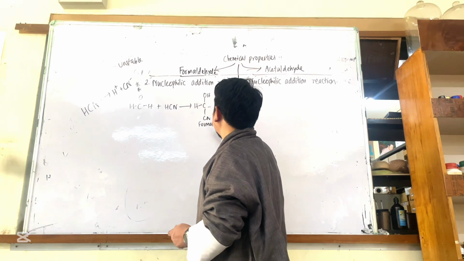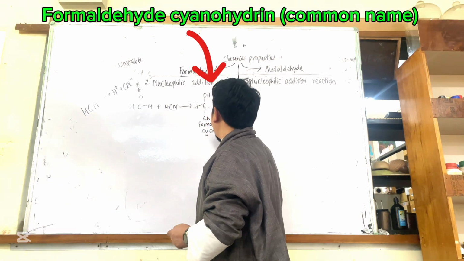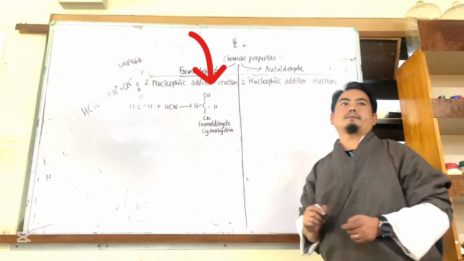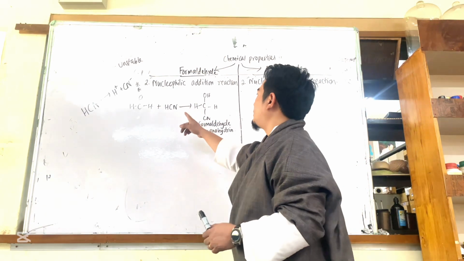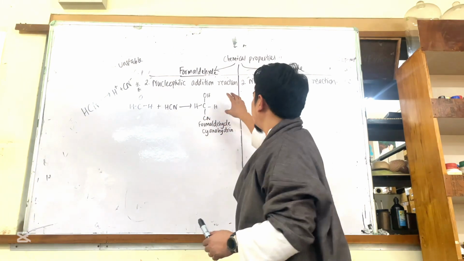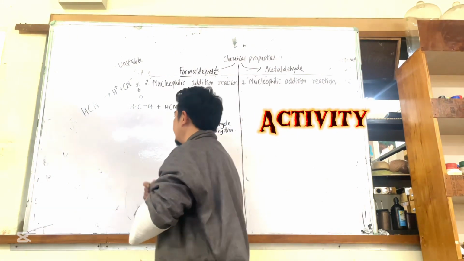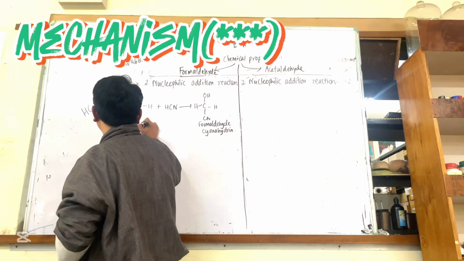Formaldehyde cyanohydrin is the common name. It has a different IUPAC name. Okay, so this is formaldehyde cyanohydrin. Can you write down this reaction again? Later on we'll do it. We'll see the mechanism then. This is the overall reaction.